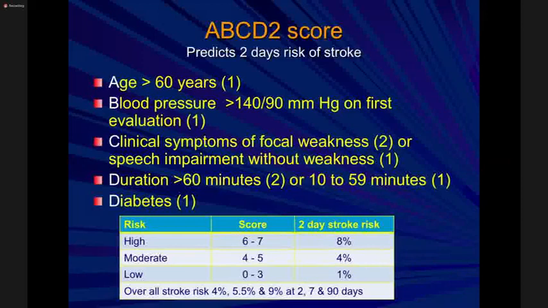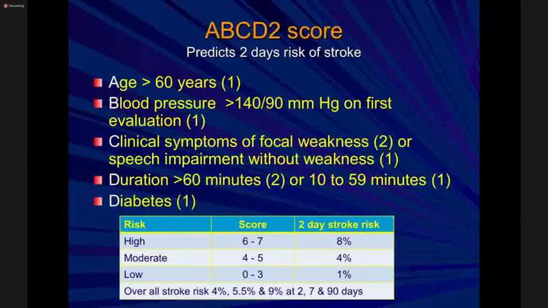Clinical symptoms of focal weakness, you give 2 marks, or speech impairment without weakness, you give 1 mark. And duration, if symptoms lasted more than 60 minutes, you give 2 marks. If 10 to 59 minutes, you give 1 mark. If less than 10 minutes, no marks. And if the patient has diabetes, you give 1 mark. So the full score would be 7.